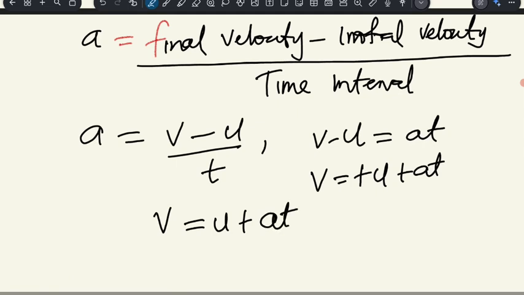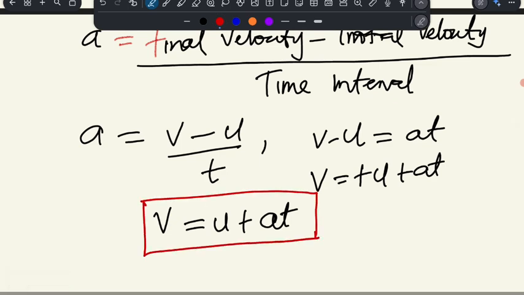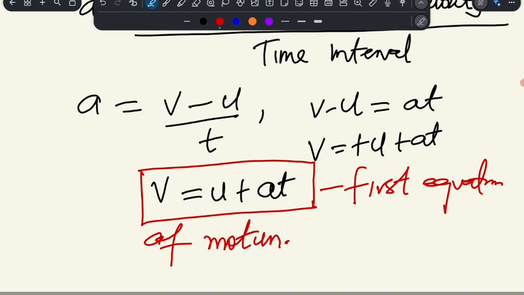So if v is equal to u plus at, this tells you that this is the first equation of motion. So stay tuned to continue with the next video, which will talk about the second equation of motion, the third equation of motion, and whereby we are going to start a very good example in calculation in physics.